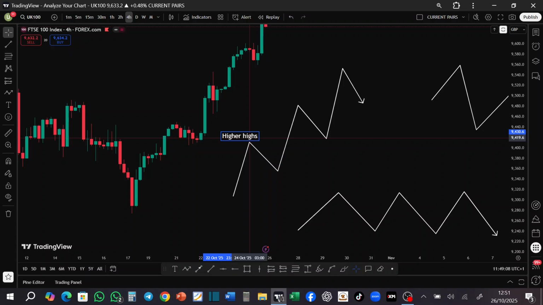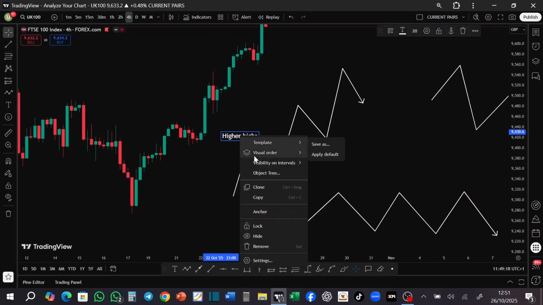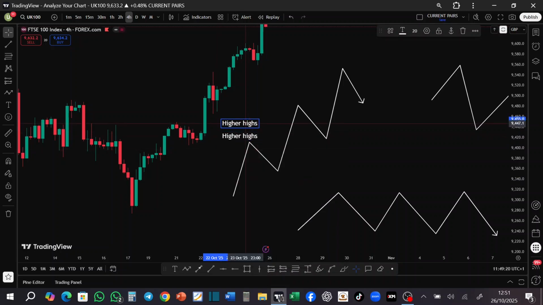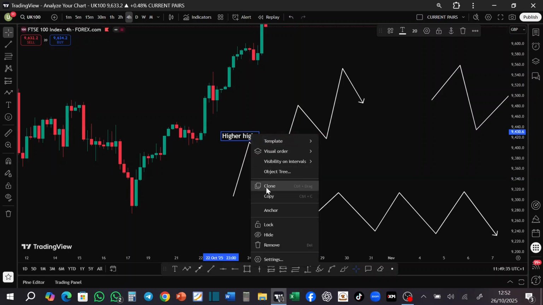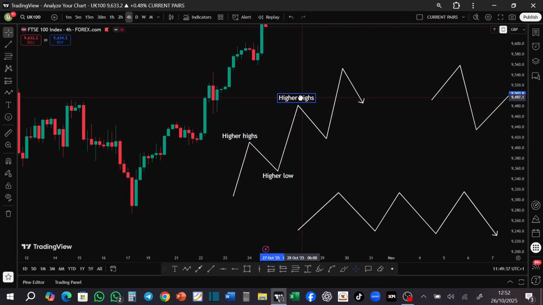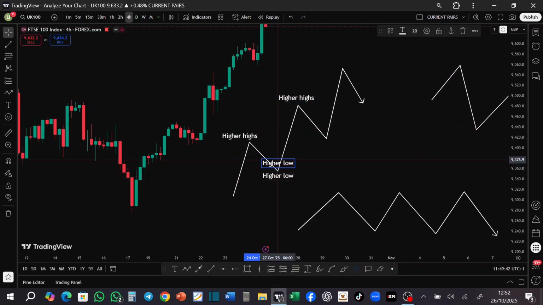Okay, then after having a higher high, we are supposed to have a, sorry, let me just copy this one. This one is called a higher low. Then this next one, again, is called a higher high. Then this next one is called a higher low.